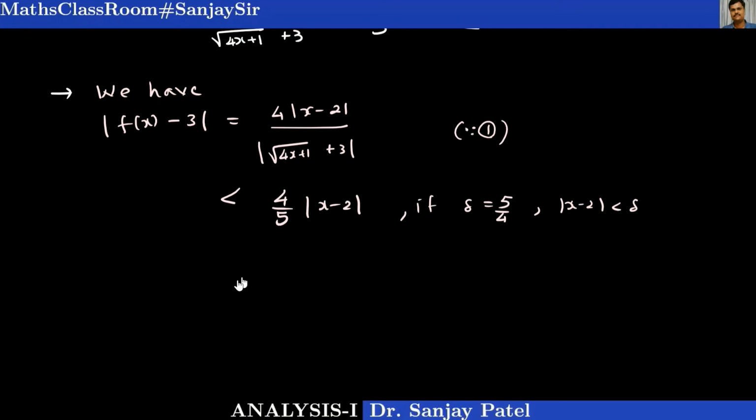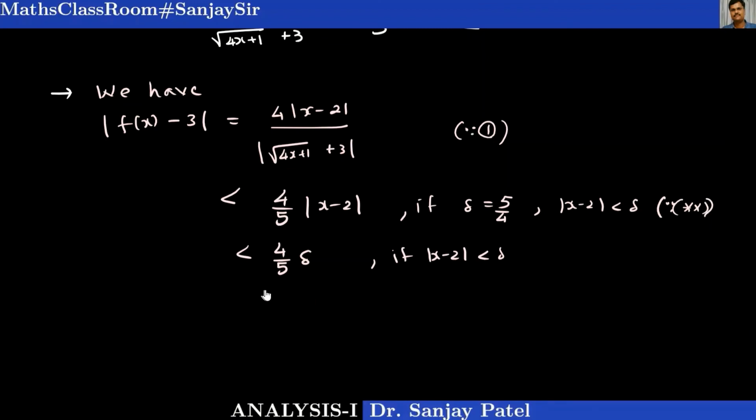Okay, so this will be finally less than 4 by 5 times delta. Again, if mod of x minus 2 is less than delta. Okay, this we are writing from our observation given in double star.